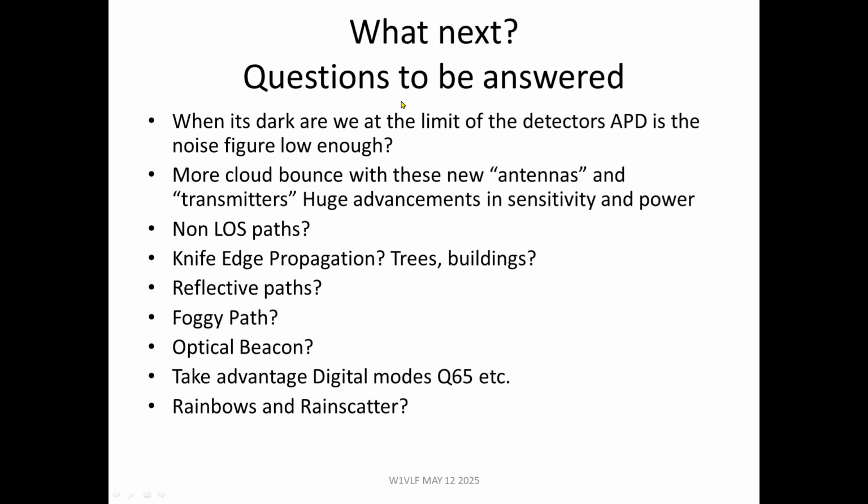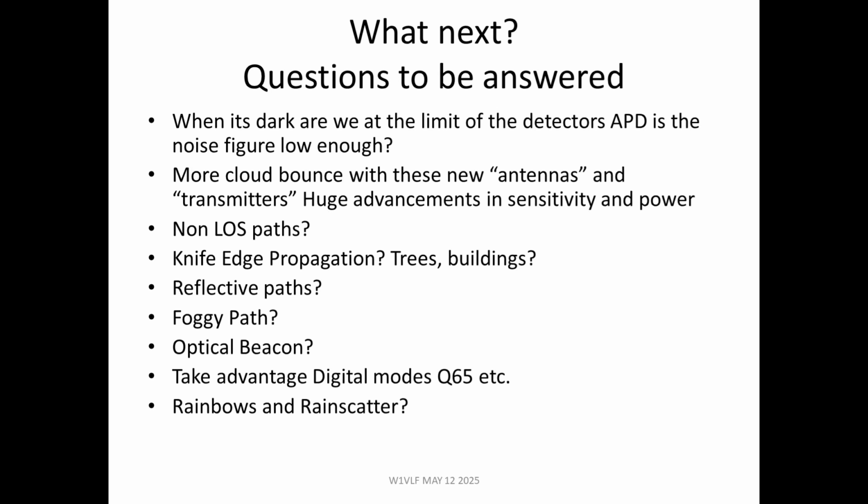Okay, so what's the next question? Some things we're thinking about is, when it's dark, are we at the limit of the APD detector, or is there even more sensitivity to be had if it was literally darker?